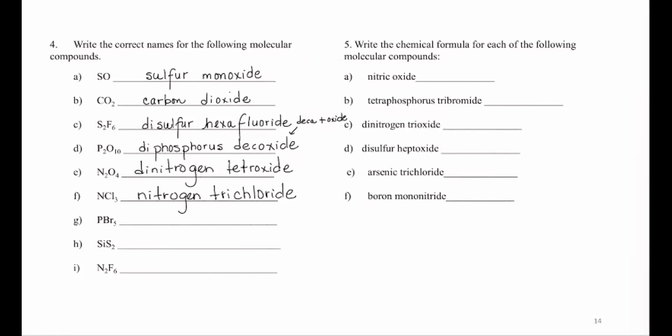The subscripts need to be present, representing how many atoms we have. So, what is the chemical formula of nitric oxide? That is a common name. Capital N, capital O. That's from the table that I just illustrated to you guys.